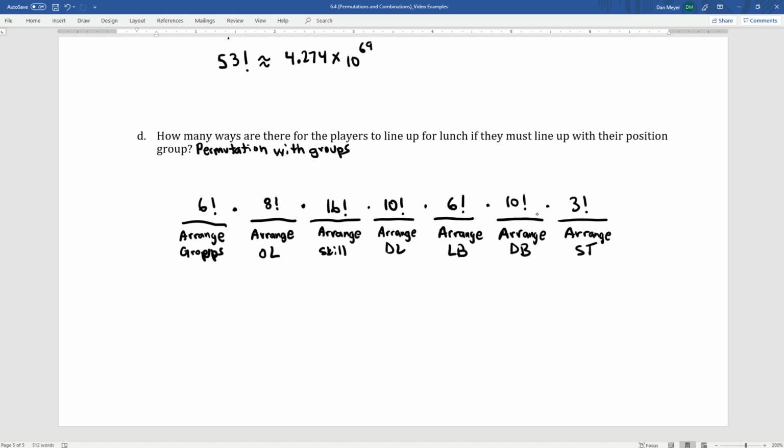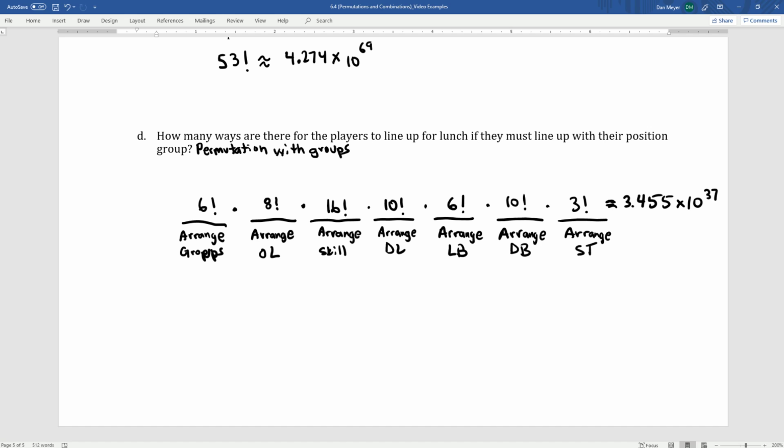And we get another massive number, not quite as massive as the one right before this, but this ends up being about 3.455 times 10 to the 37 on the calculator.